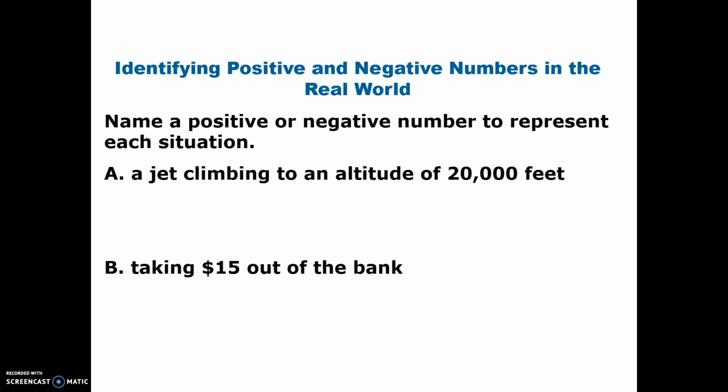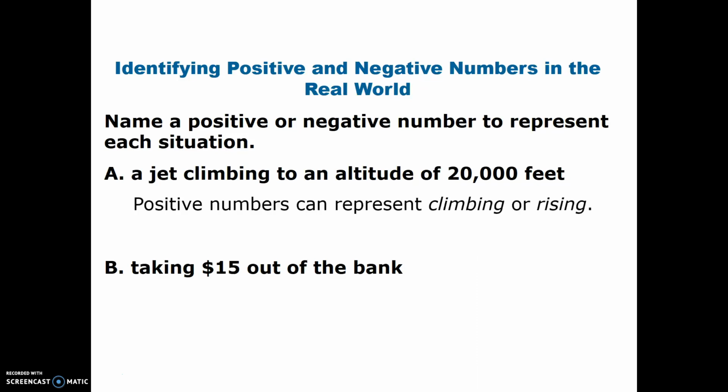So a jet climbing to an altitude of 20,000 feet would represent a positive number because we are climbing or rising, keywords, hint, hint, and we would write plus 20,000. Now, again, because it's positive, we don't have to put that plus sign in front of it. We can write it just like this with 20,000, and that would also be okay.